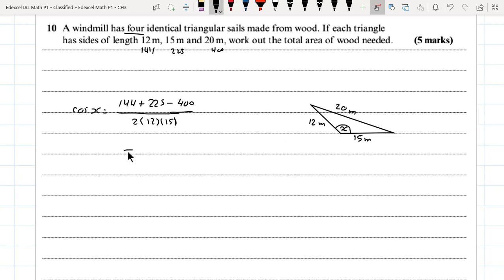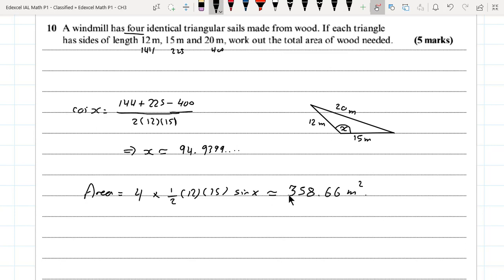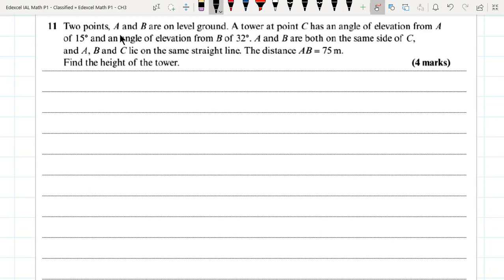And by using shift cosine, we can get the value of x to be 94.9399 and so on. Then the area of the 4 triangles will be 4 times the area of this triangle, which is half times 12 times 15 times sine x, and the final answer should be 358.66 meters squared.